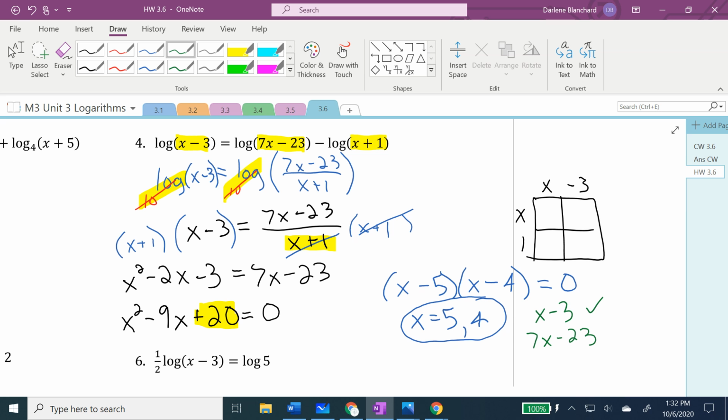What is 7 times 4? 28. Excellent. Thank you. And that is going to give me a positive number when I subtract 23. So check. That's good. Then x plus 1, and hopefully you can see pretty quickly they are both coming up positive. That means both of them are solutions to that equation.